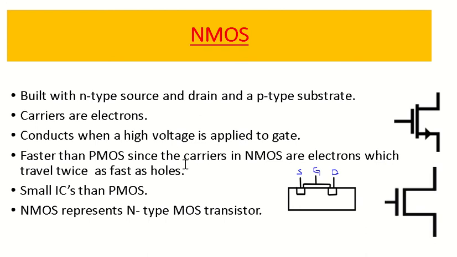We also studied the symbol. You can write it either way, but in CMOS, which is a combination of NMOS and PMOS, we usually use the second type of diagram I am showing now. Both are to be remembered.